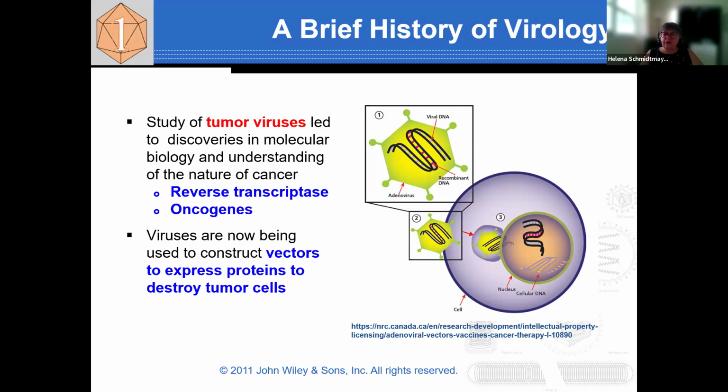Viruses, retroviruses, can actually convert RNA into DNA with the help of the enzyme reverse transcriptase. Nowadays, viruses are also being used as a vector to express proteins, as a vector for construction of tumor cells, as well as a vector for generating vaccines.